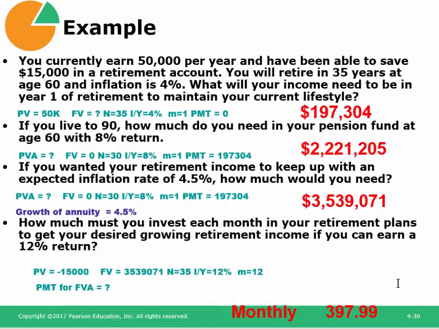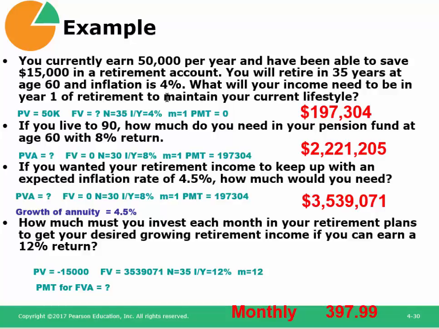Now here's a kind of involved problem that involves a lot of these questions. It's a retirement question. How much do you earn currently? You earn $50,000. You've been able to save already $15,000. You're going to retire in 35 years at age 60. Inflation's 4%.